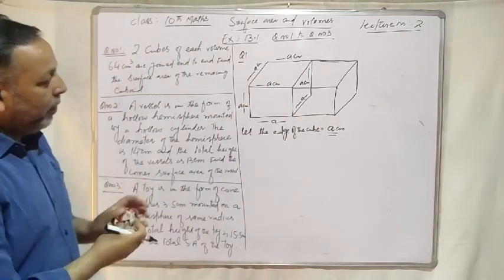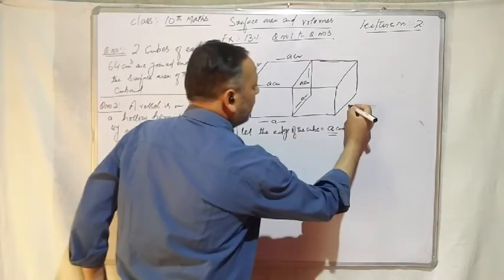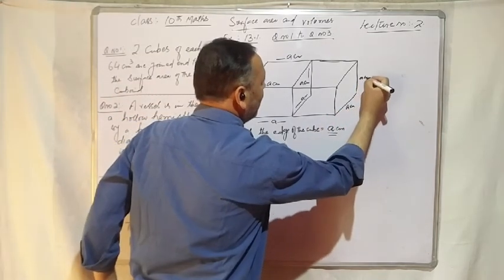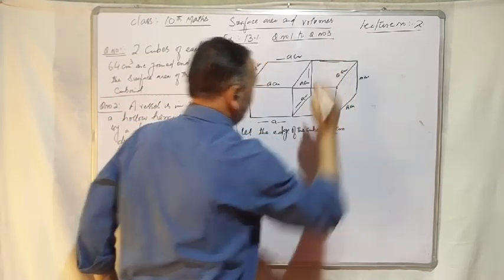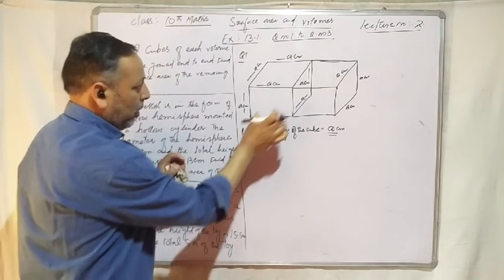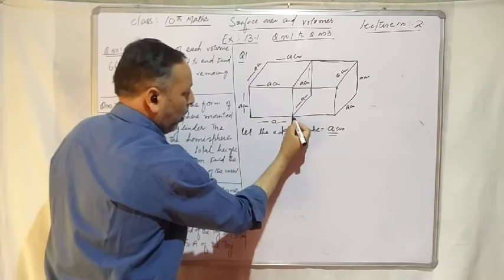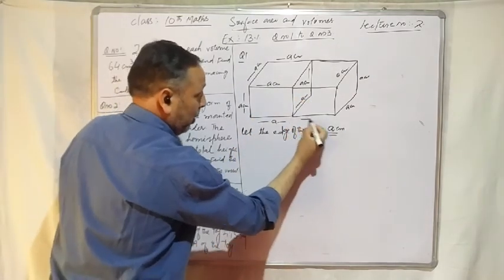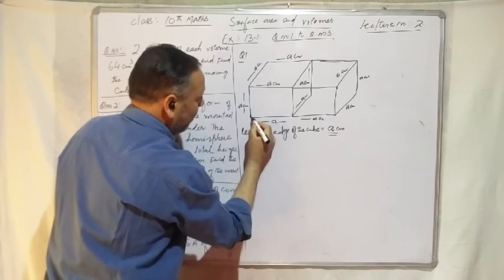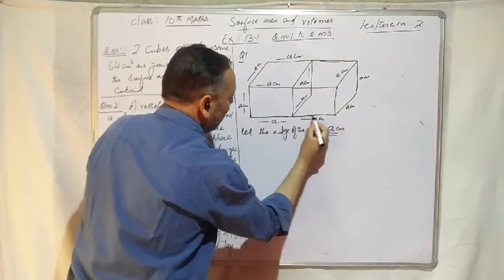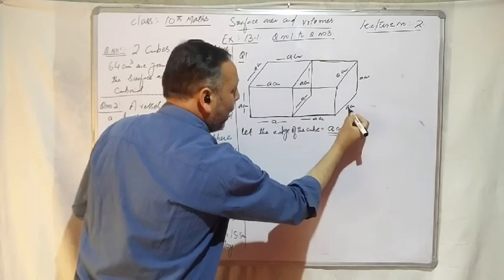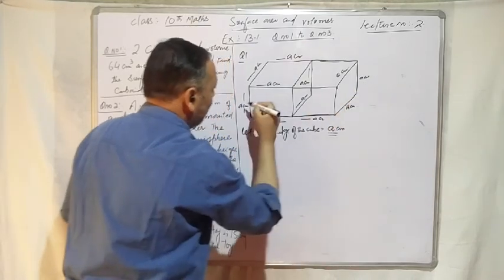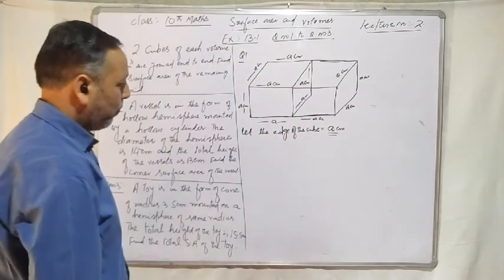So if you see here, this is a centimeter, this is a centimeter, this is a centimeter. The cuboid which is formed, only its length will change. This much will be the length. Breadth and height will remain the same.